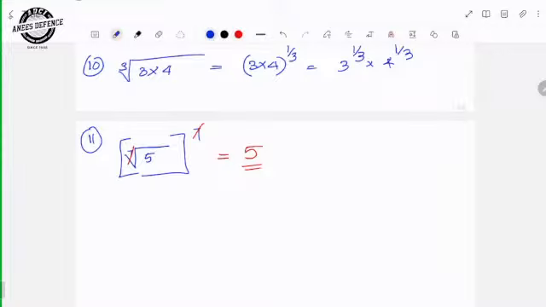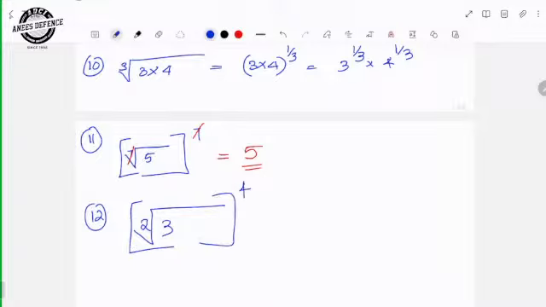Another example, square root of 3, the whole raised to 4. This can be written as 3 raised to 1 by 2, the whole raised to 4, since root of 3 means square root.